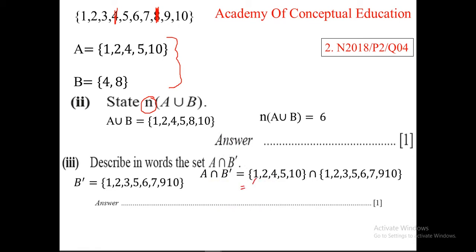So it will be 1, 2, 5 and 10. These are the factors of 10. So we will say that set A intersection B complement represents the factors of 10.